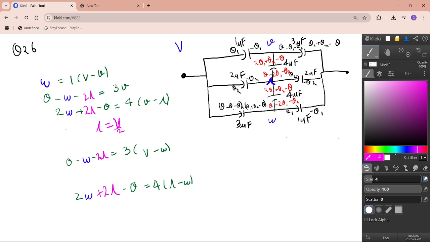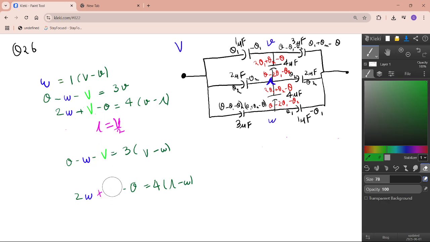So 2 lambda is V. This 2 lambda is V. This 2 lambda is V. And this lambda is V by 2.